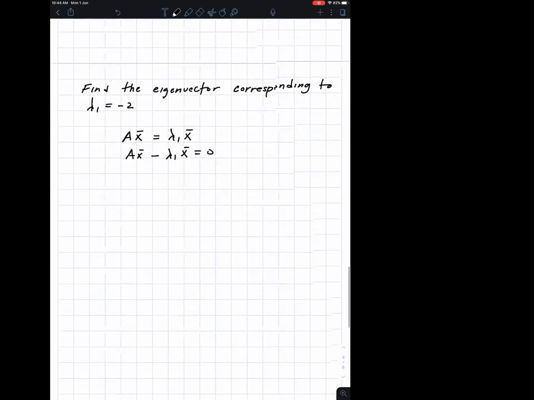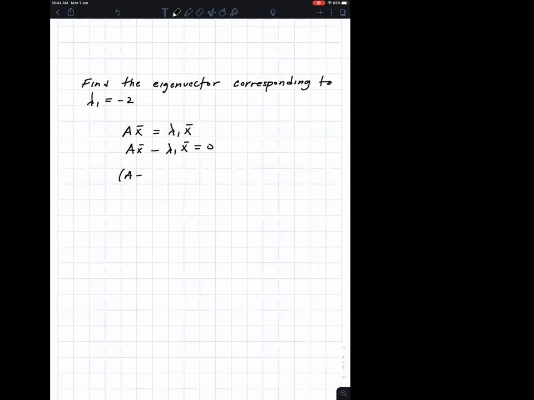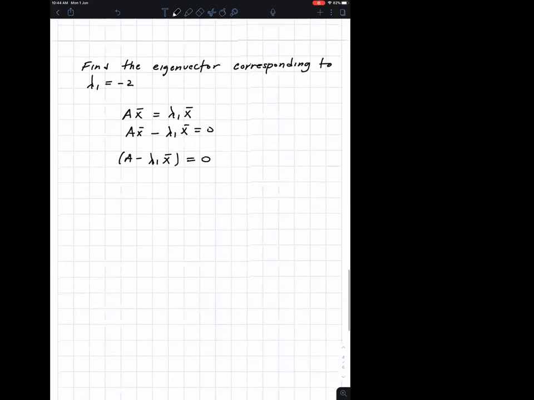Then you have to solve for this: (A minus lambda 1) x bar equals 0. The bar stands for matrix.